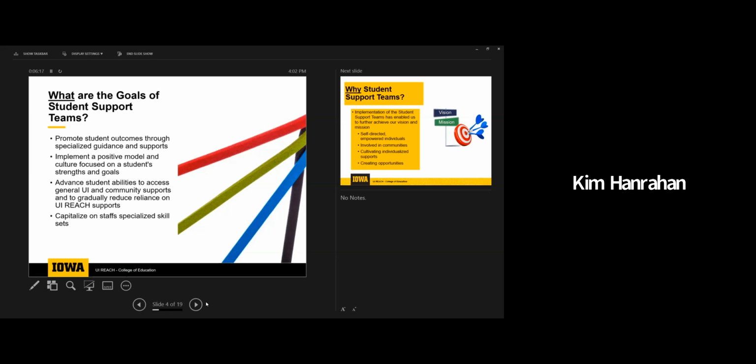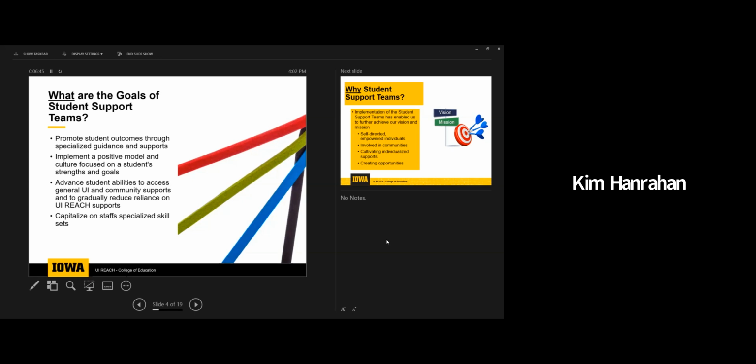So we'll promote student outcomes through specialized guidance and supports, meaning that each staff can support a team in their core area specific to their specialized skill sets. It implements a positive model and culture focused on a student's strengths and goals. So in a staff person's core area, they'll be supporting a student in meeting the goals and the learning activities it would take to meet that goal in their area of expertise.